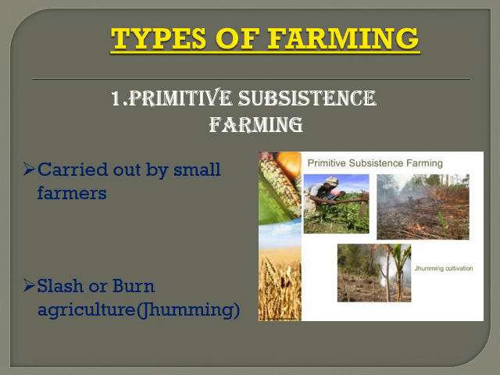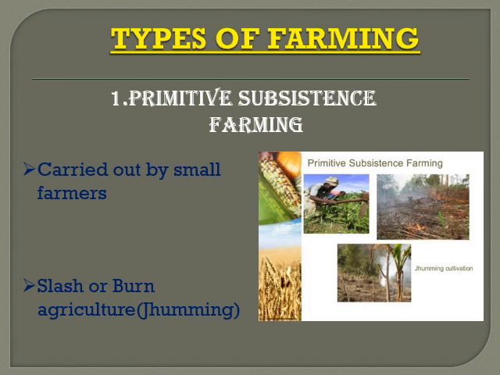In this agriculture, tribal farmers clear a patch of forest land and burn it for the agricultural practice. Students, in the given picture, you are seeing farmers and tribals clearing the forest land and burning it for their agricultural practice. Students, it's also called jhumming agriculture.